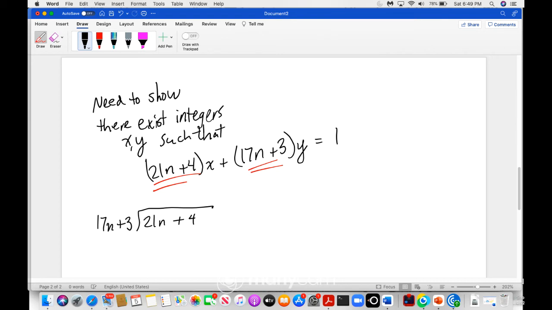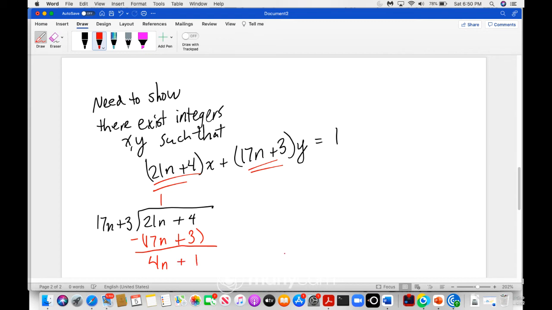Well, 17n is going to go into 21n one time. And when I multiply this out, I get 17n plus 3. I take 1 times the whole thing. If I subtract everything now, I get 21n minus 17n is 4n. 4 minus 3 is 1.